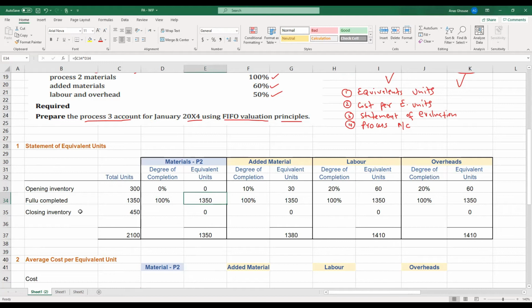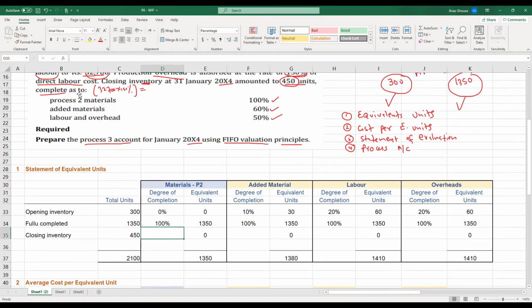Now the closing inventory. Here you are given the percentage completion. Process 2 material is 100% complete, and as far as added materials are concerned, 60% complete.